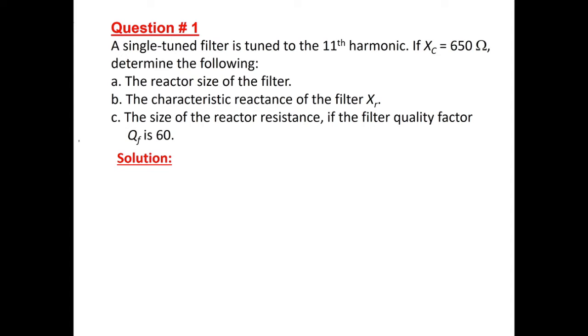Say that a single tone filter is tuned to the 11th harmonic. If XC equals 650 ohm, find the following: the reactor size of the filter. So we need to find what will be XL.